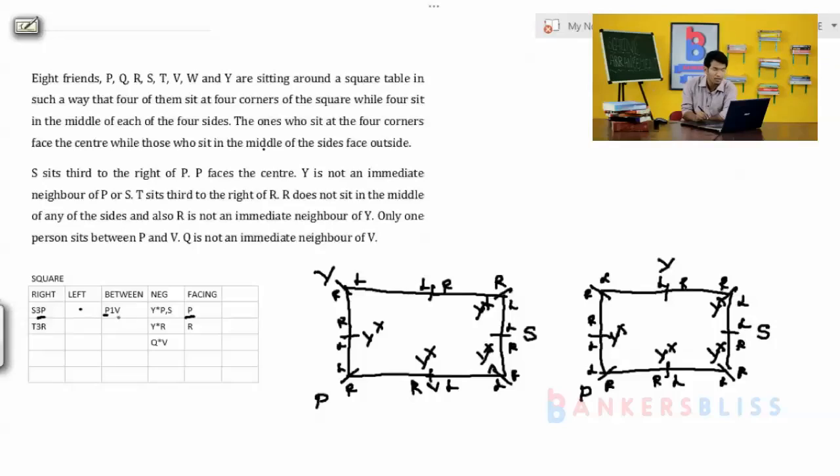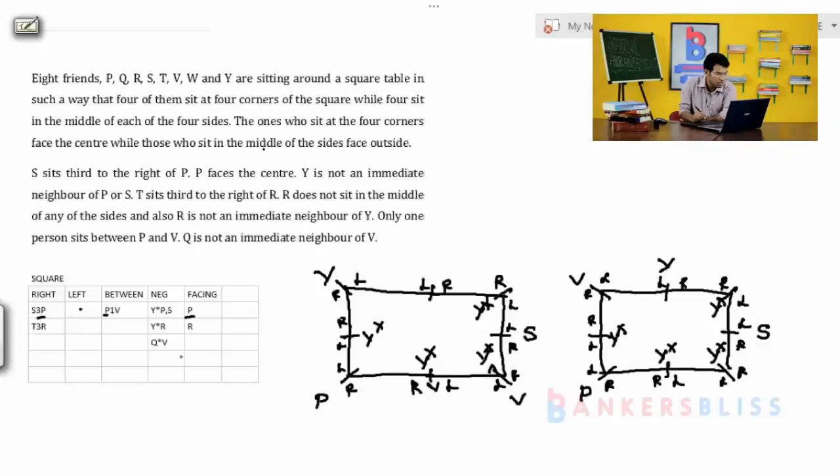After that, look at one more. P and V have one person between them. Here P is here; one person cannot be V here because I already placed Y here. That is the reason I write V here. Then what next? Suppose P is here, again I write V here.